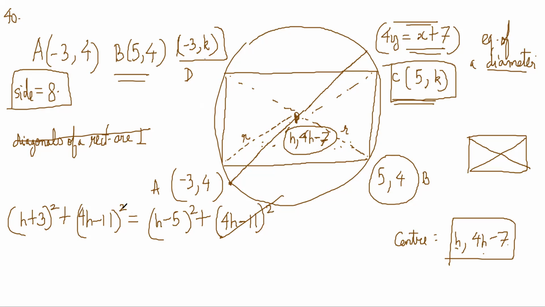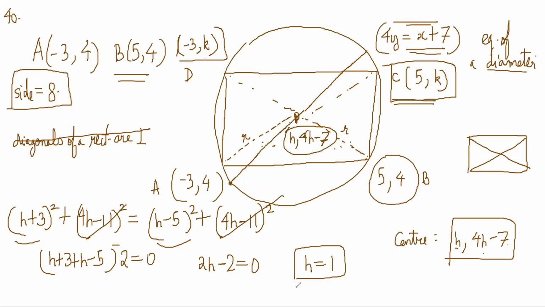So this cancels out. So you have (h plus 3 plus h minus 5) multiplied by (h plus 3 minus h plus 5). So 2h minus 2 is equal to 0. So h is equal to 1. So 1 comma minus 3 is the center, right?